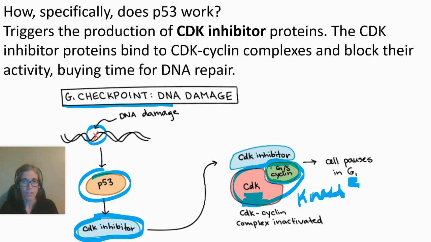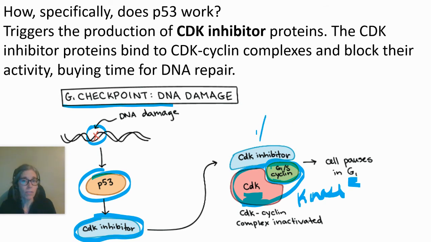Maybe in G1, you'll be getting to synthesis, so the CDK part of this CDK cyclin complex will phosphorylate a bunch of enzymes that will start signal transduction cascades that will turn on helicase and DNA polymerase and topoisomerase and primase, all the enzymes you need for DNA replication in synthesis.